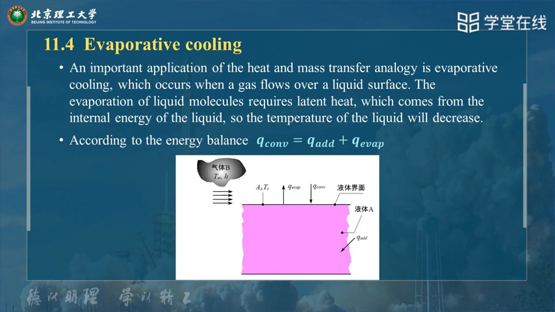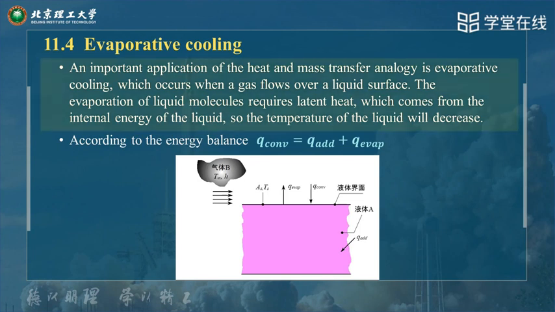Sometimes when we know h, we can calculate hm. If we know hm, we can calculate the heat transfer coefficient h. As an example, in this section, we will discuss evaporative cooling.